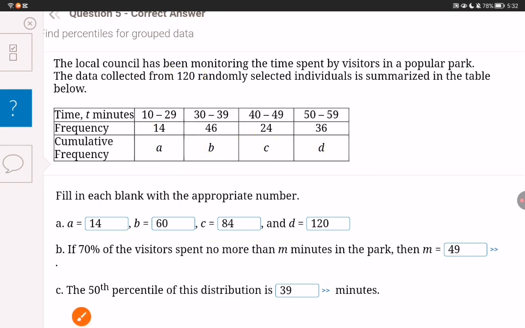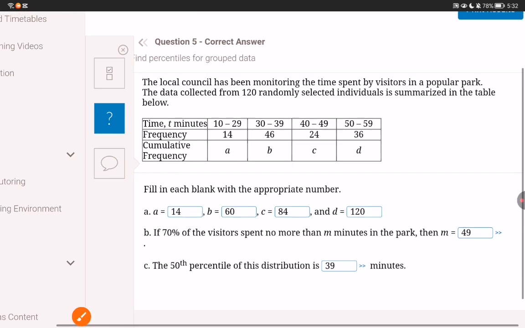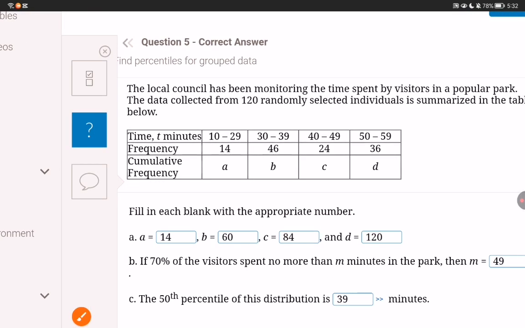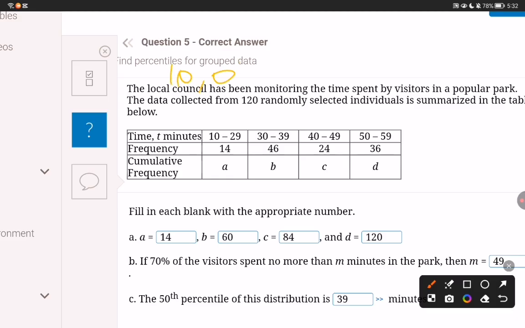Now, if 70% of the visitors spent no more than m minutes in the park, then m is equal to. I'm guessing what you do here is you draw the graph. Okay? So, at an x of 10, you're going to have a y of 0. Okay?